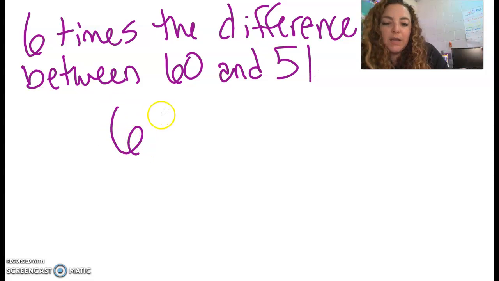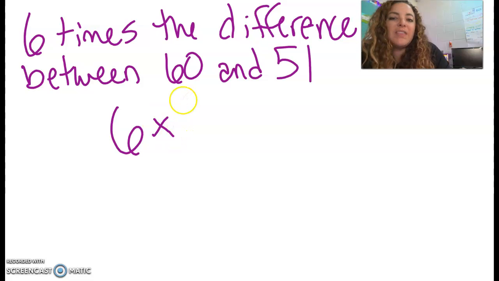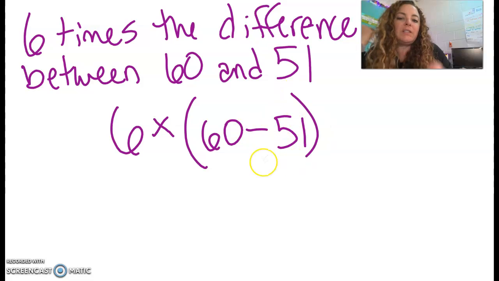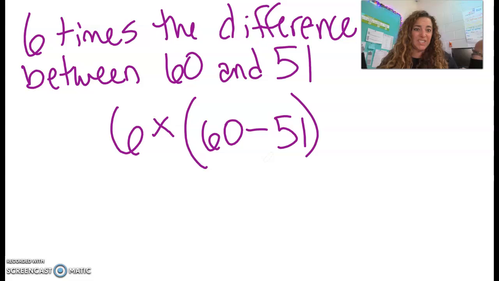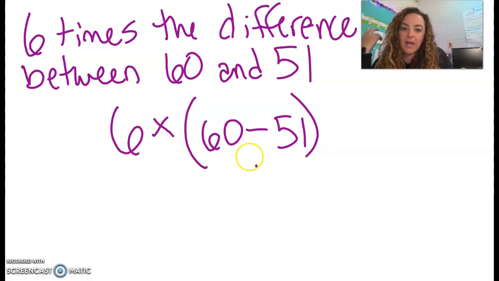So 6 times, multiply, the difference between 60 and 51. So this is what that equation actually says. Because here I have 60 take away 51. That's going to give me the difference there. So 60 take away 51 is 9.